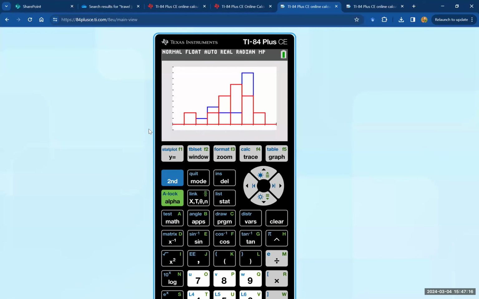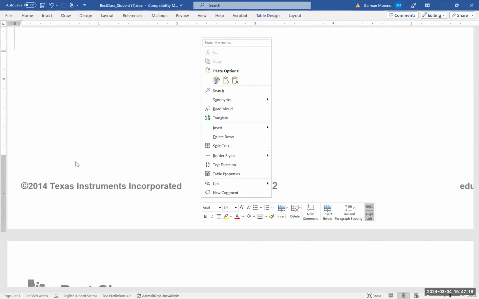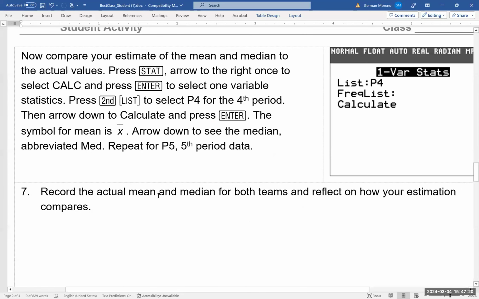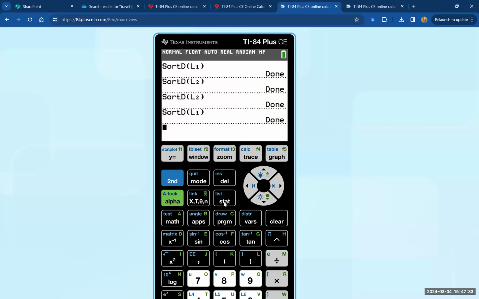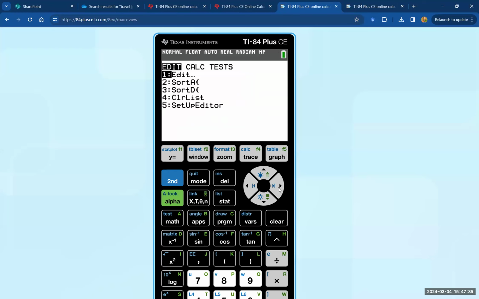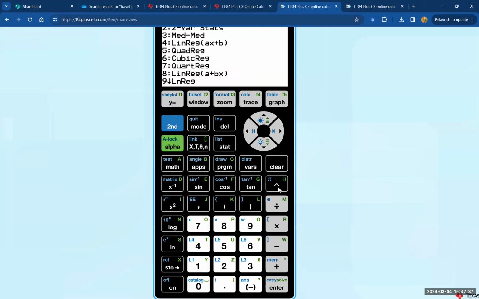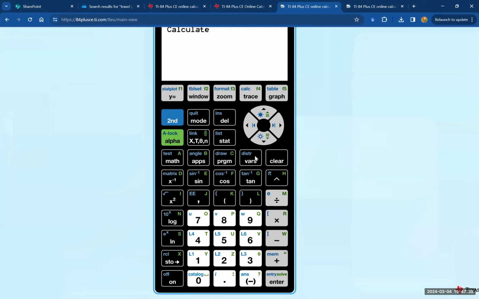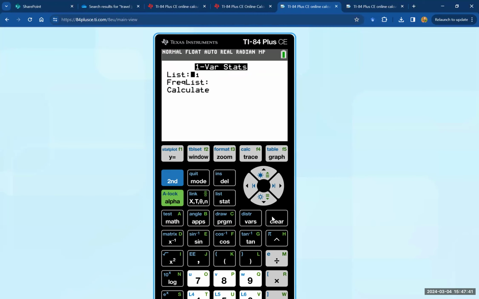So what we're being asked to do on the next thing is record the actual mean and the actual median, and that's by getting the one variable statistics. To get one variable statistics, you go to the home screen, then go to stat, then calc, and the very first one is one variable statistics, and calculate.